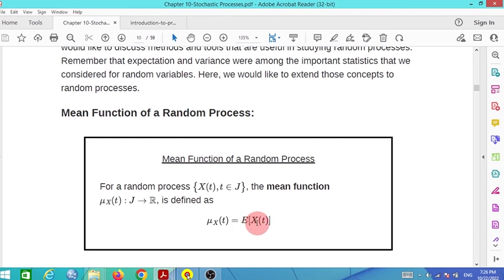And if x is discrete, the expected value equals the sum of x multiplied by the probability mass function. For the definition of expected value, go back to chapter 3 and chapter 2 and study the details.